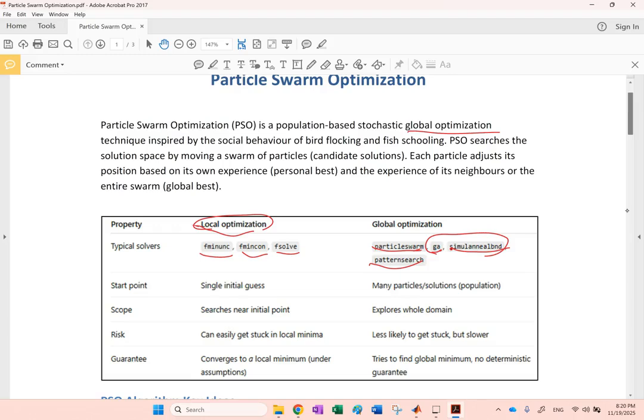So the good thing about this is it's inspired by nature. You can see that, for instance, if a flock of birds or a school of fish are looking for something, not only is each one of them looking for that, they also look at the other ones and see if any of them has found what they're looking for, whether it's food or anything else.